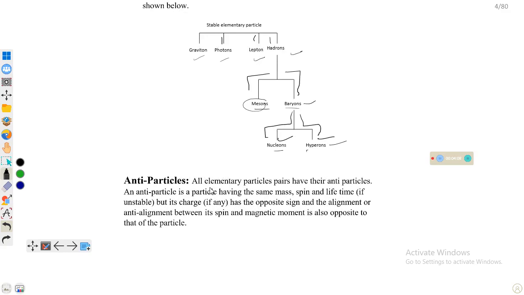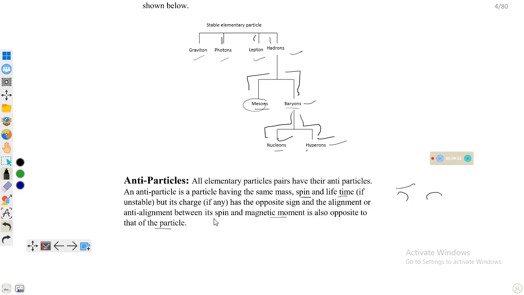Another thing is the antiparticle. All elementary particles have their antiparticles. An antiparticle is a particle having the same mass, same spin, and same lifetime if unstable, but its charge has the opposite sign, and the alignment or anti-alignment between its spin and magnetic moment is also opposite to that of the particle.